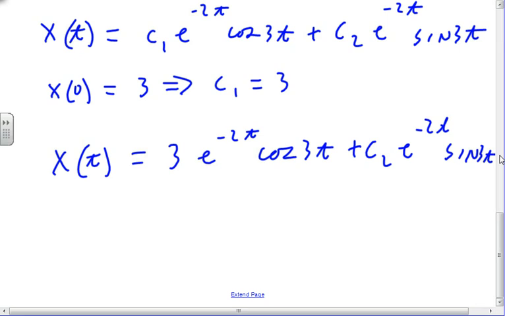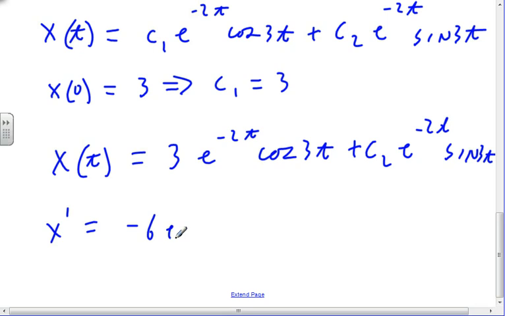All right, back to the problem. We're doing 6. Are we doing 6? Yes, we're doing 6. So x prime is equal to minus 2. No, it isn't.